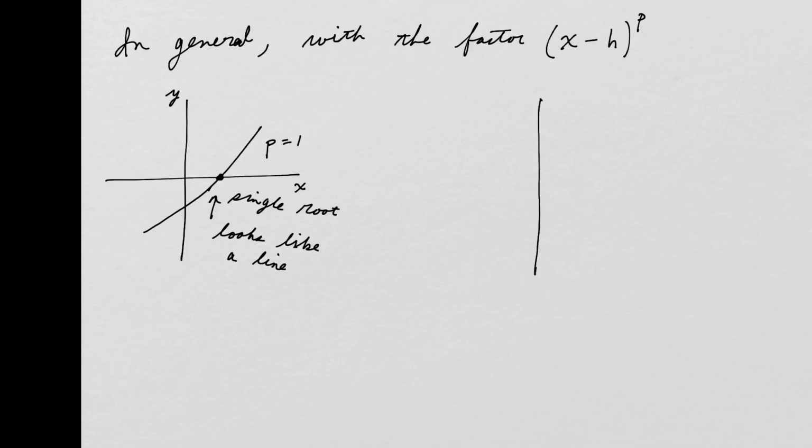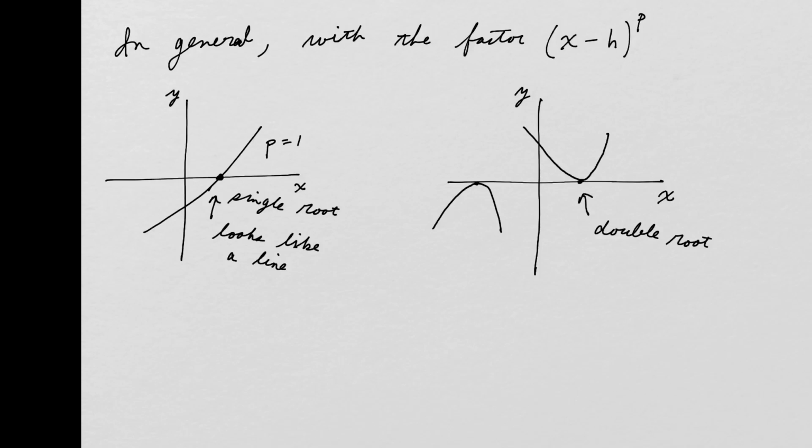Okay. What if p is 2? So what if that exponent is a 2? Well, then if you look close to the root, the graph is going to touch it and go off. Or it could do this, either here or here. So in this case, we have a double root, and near that root the graph looks like a parabola.